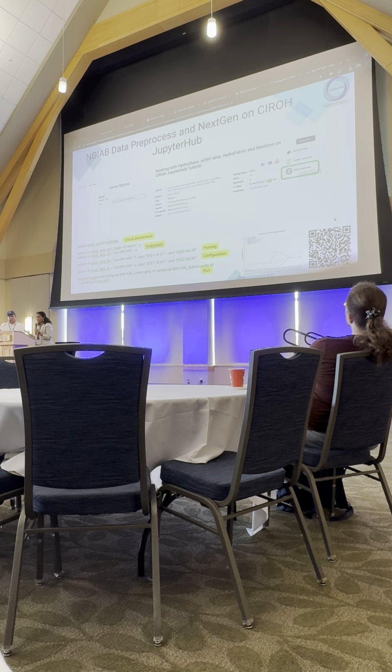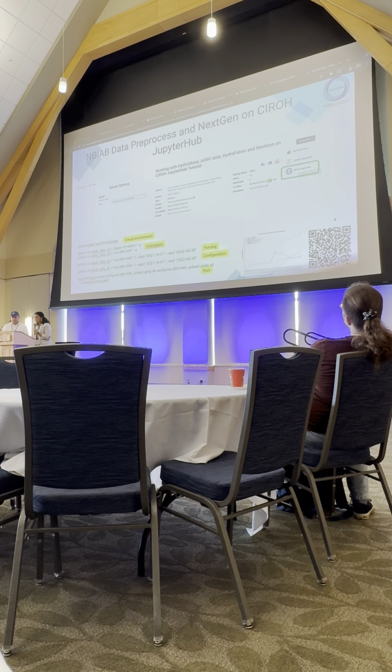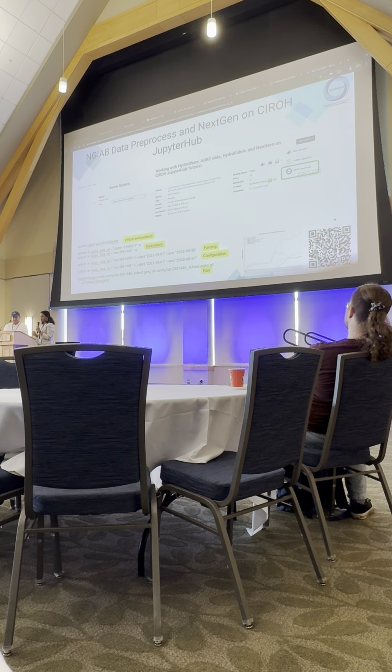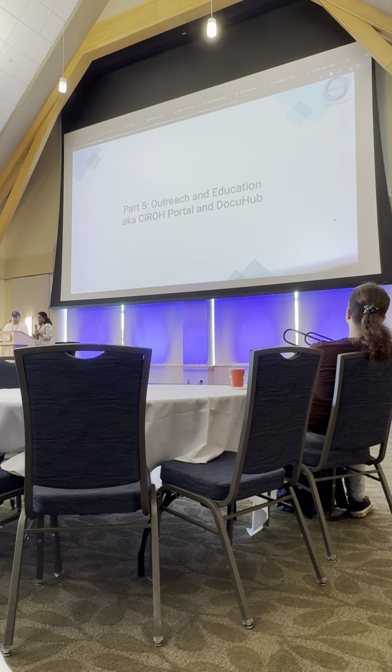We have a new image that Furkan helped us build as well. So the NextGen National Water Model image is currently available on CIROH JupyterHub. These are the simple steps. If you run it on your side, you'll be able to run NextGen on CIROH JupyterHub as well. So please let us know if you need access to any of these IT resources, so we'll be able to help you out.